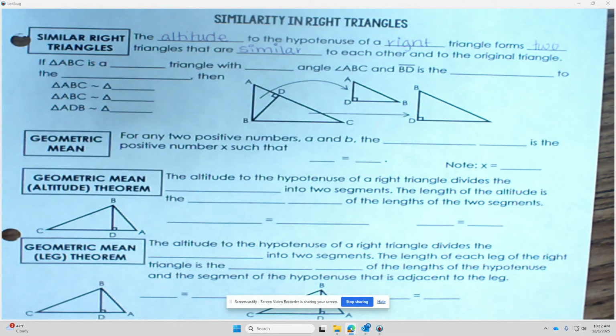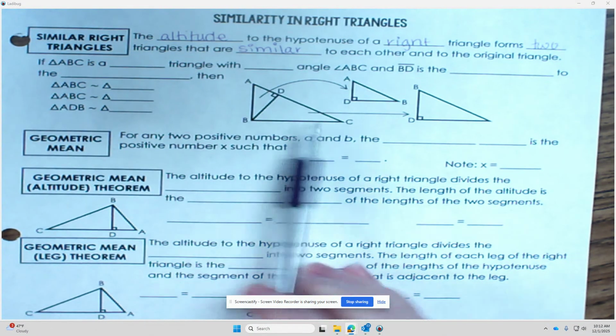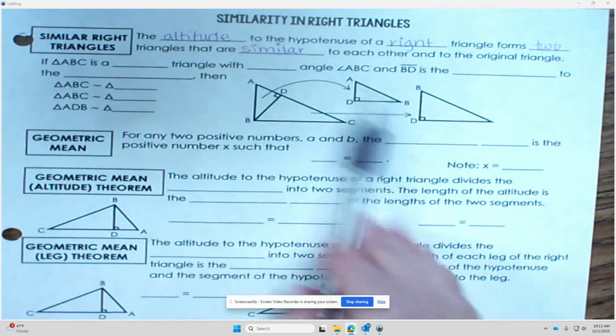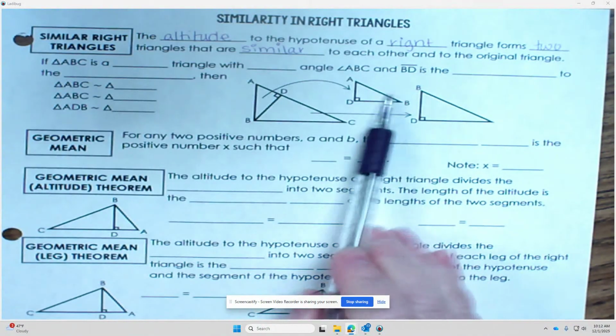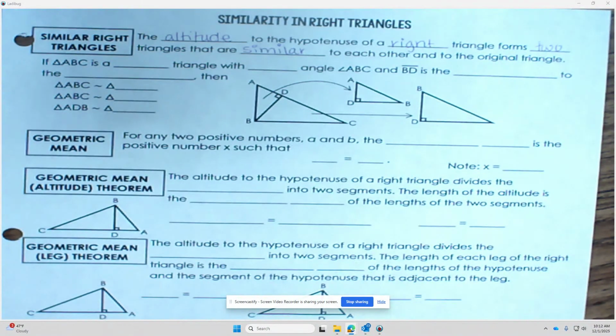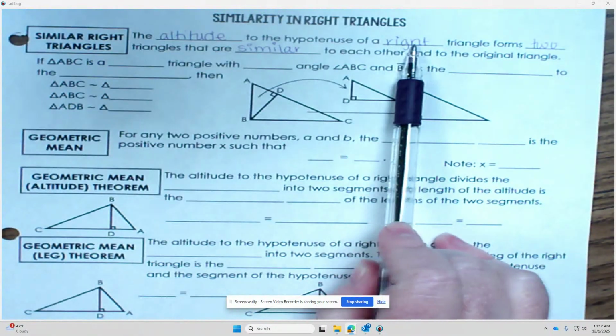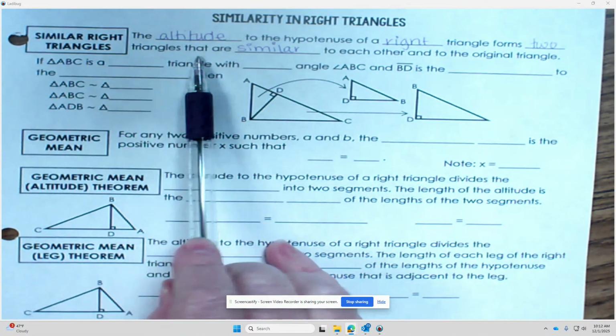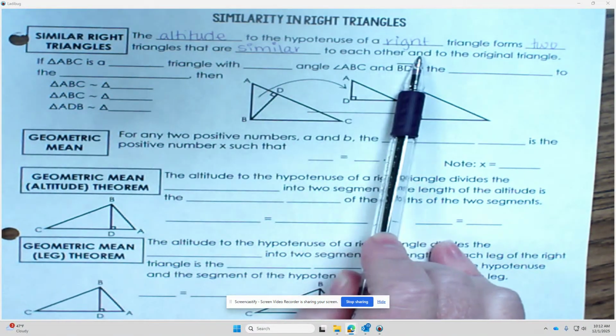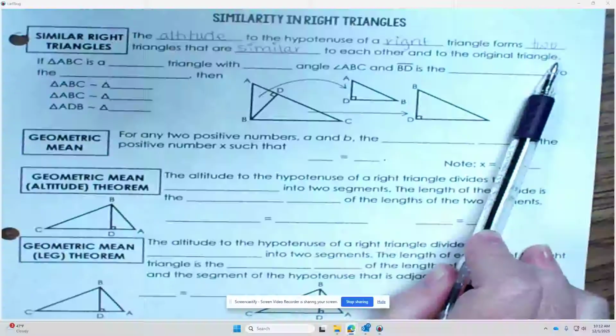And all three of those triangles, the original and the two smaller ones, are similar to one another, which is really handy because we can solve for unknown pieces of information this way. So let's repeat that. The altitude to the hypotenuse of a right triangle forms two triangles that are similar to each other and to the original triangle.